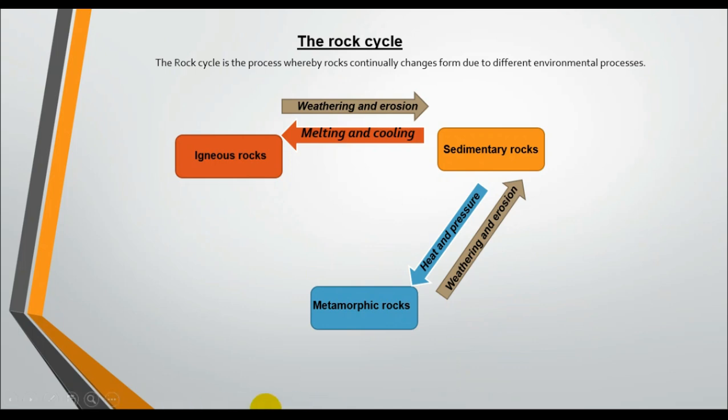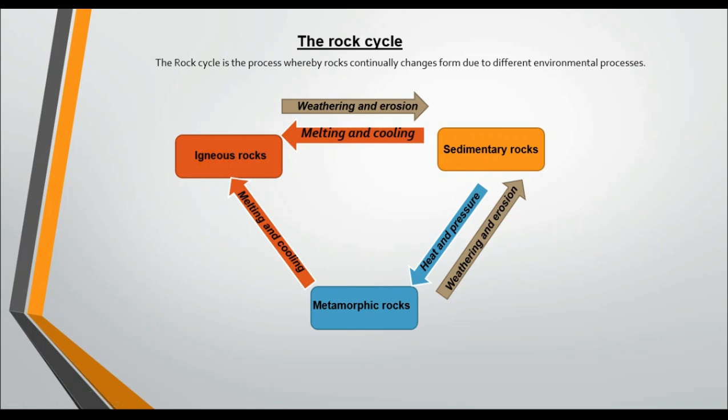So, how does this metamorphic rock turn back into igneous rock, which is the primary rock? There must be melting and cooling down. The same thing that happened here when it changes to igneous rock, it also happens here. When metamorphic rocks are melted and cooled down, they form igneous rocks.